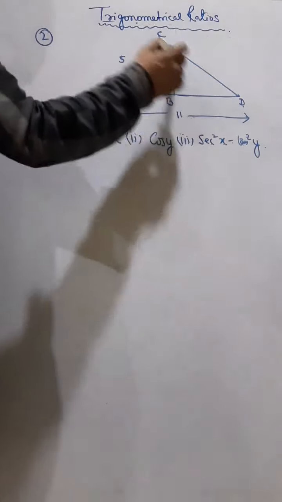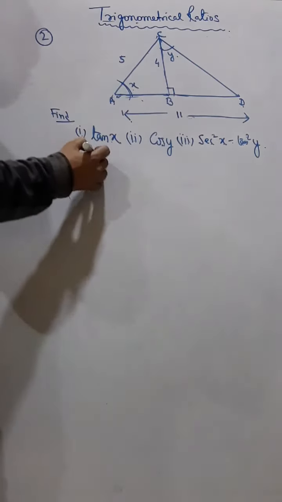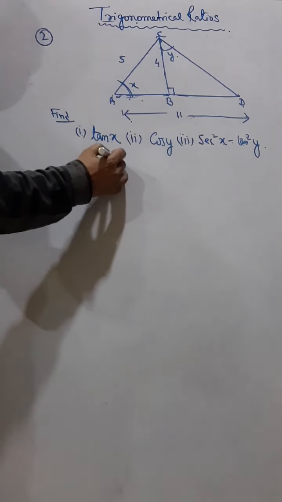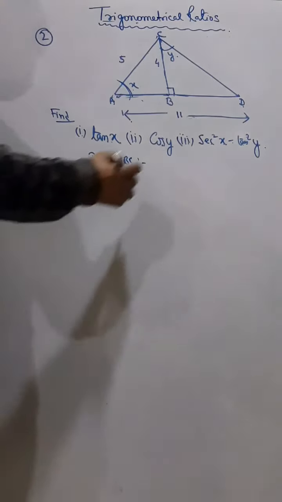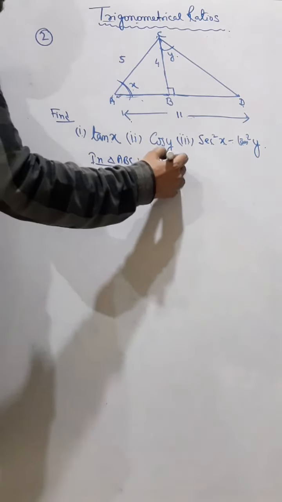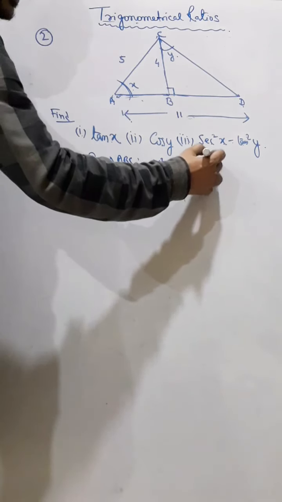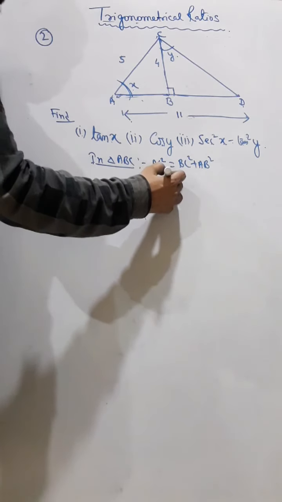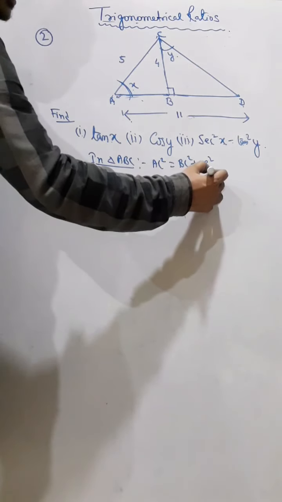This is 11, now this is 4, this is 5, you can get AB, you know, Pythagoras theorem. So first we'll write, in triangle ABC, AC square is equal to BC square plus AB square. So that is 5 square, BC is 4 square, and AB square.